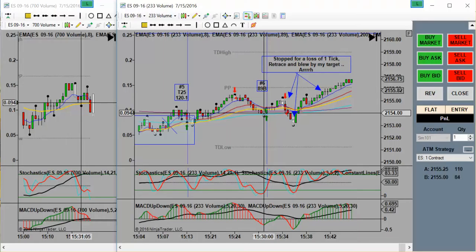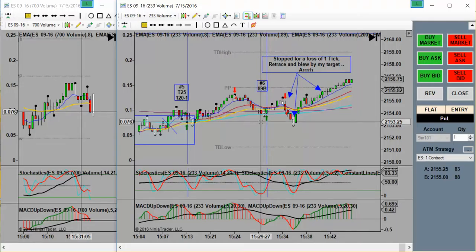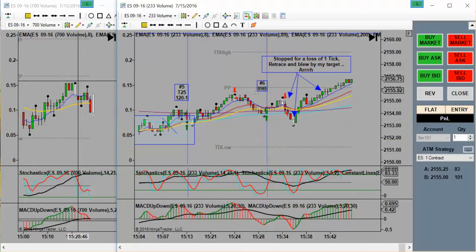So what happened was, I was moving my stop loss 2 ticks below the cycle low, so about here. Then I was trailing my stop a little bit, and I came 1 tick away from my target, 1 bloody tick away, because I was going for this same target.